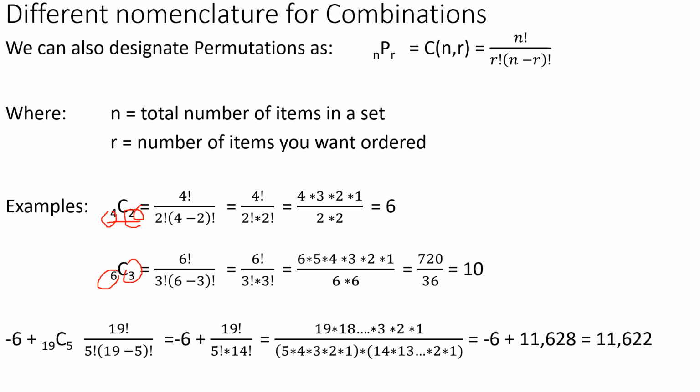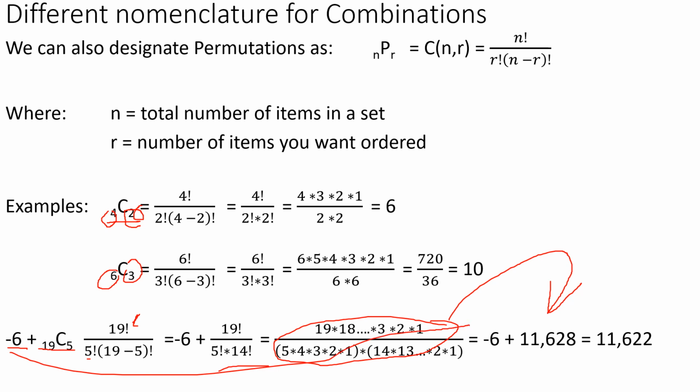Look at this, minus 6 plus 19C5, well, that's 19 factorial over 5 factorial times 19 minus 5, which is 14 factorial. And I've got to pull that 6 in. Once I figure this number out, this combination equation is 11,628. And then we're minus 6 plus that. So it's 11,628 minus 6, which is 11,622.